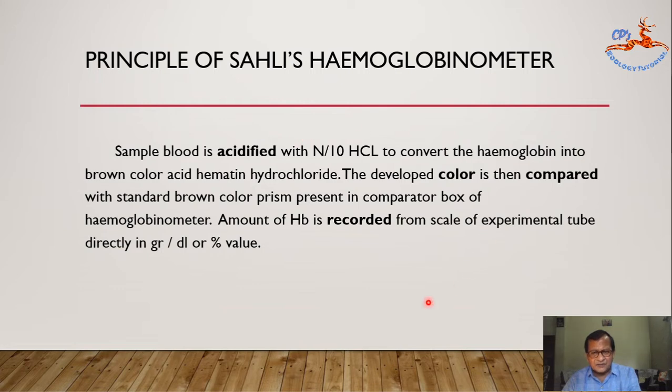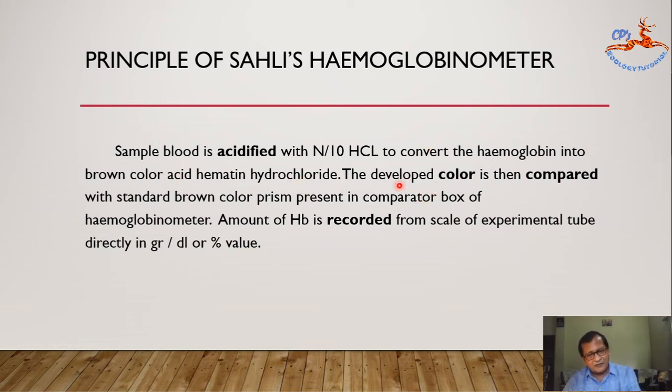Now, how does this function? This method uses acidification with hydrochloric acid. Blood is acidified with hydrochloric acid. By this time, hemoglobin is transformed into acid hematin hydrochloride.